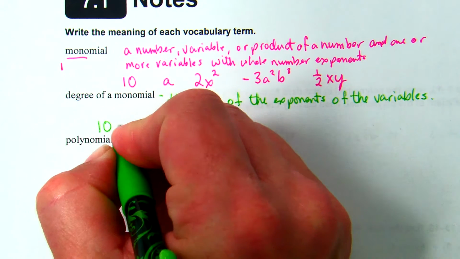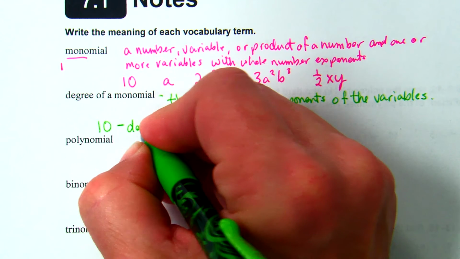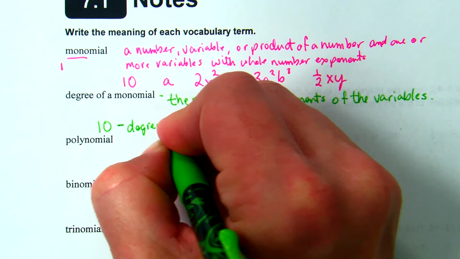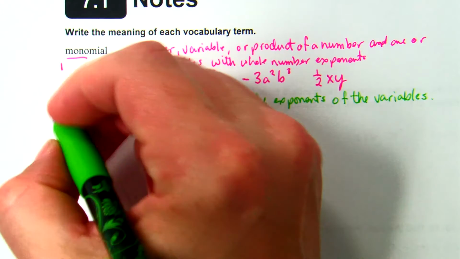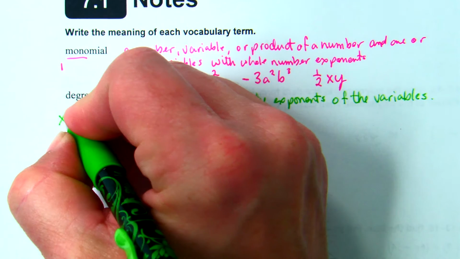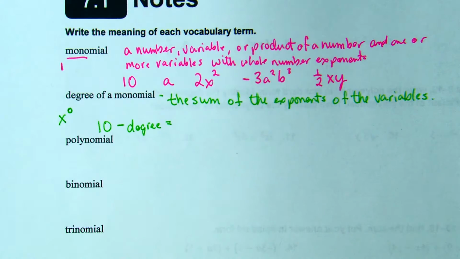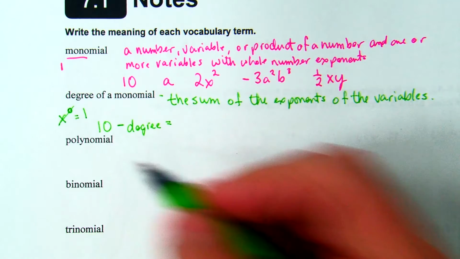If I'm looking at the first one that we gave you an example of, the degree of 10. What's the degree of 10? Well, first, are there any variables in 10? No, there's no variables with 10. You could say that if 10 had a variable, let's say it had an x variable, but raised to the 0 power, what is anything raised to the 0 power? That's equal to 1, right? And 10 times 1 is just 10.